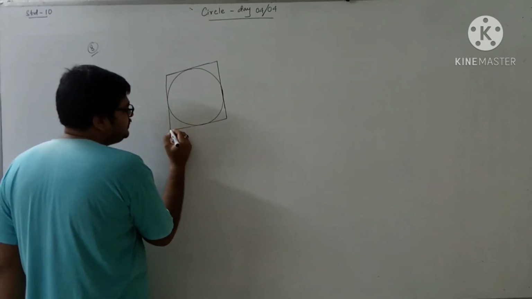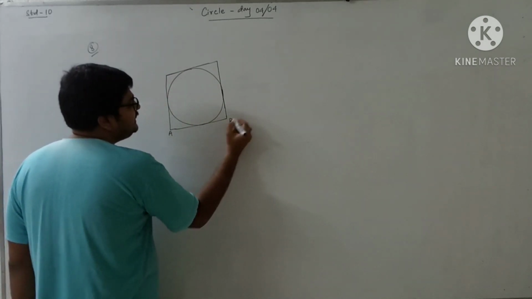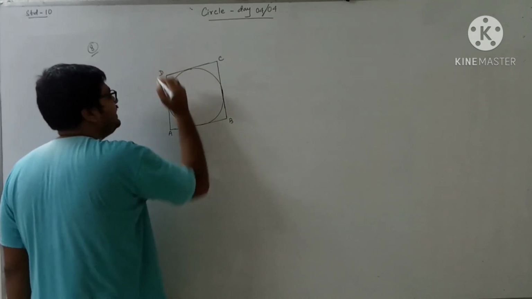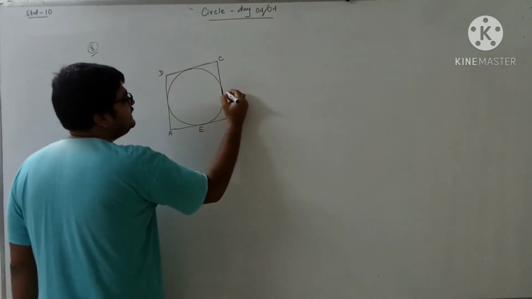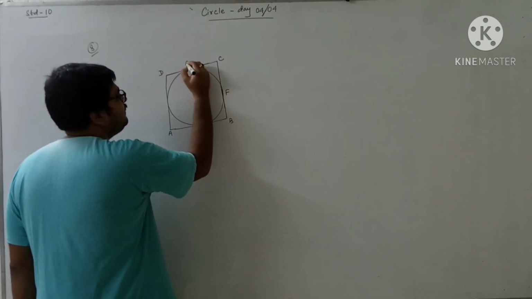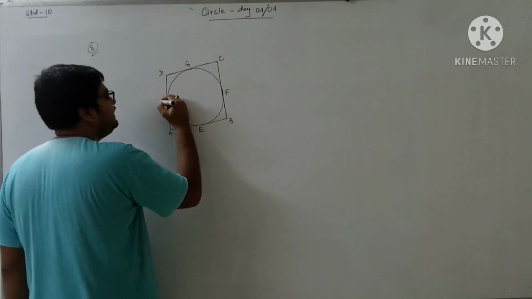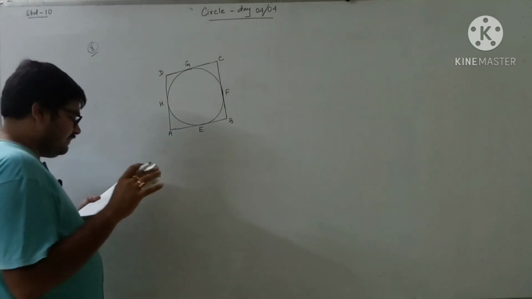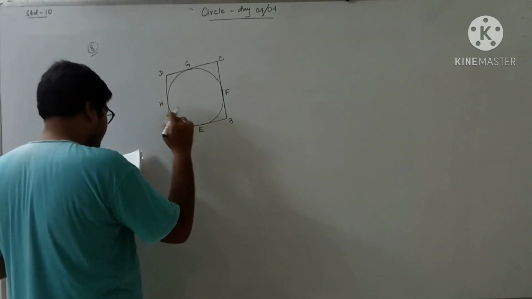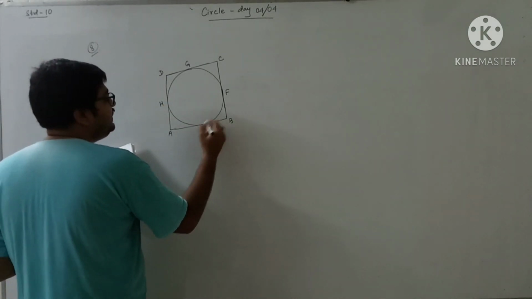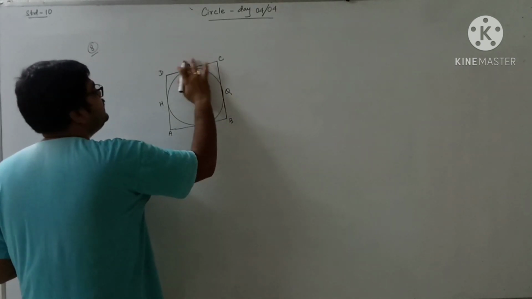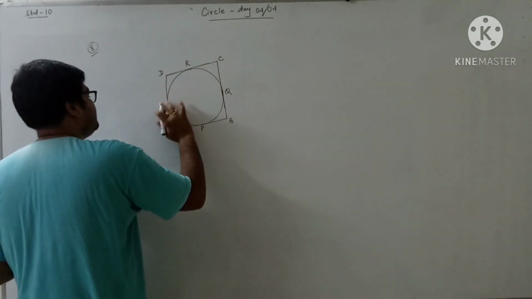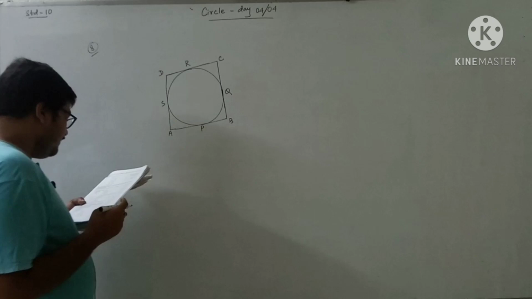So suppose we have chosen here the quadrilateral ABCD which circumscribes a circle. Just to see, it is touching the circle at different points. We have given the names E, F, G and H. Okay, they have given some names. So A, B, C, D and here it has given P, Q, R and S. Okay, what you have to prove?